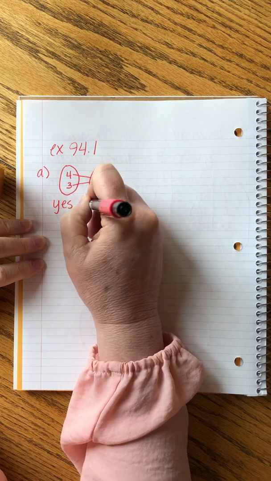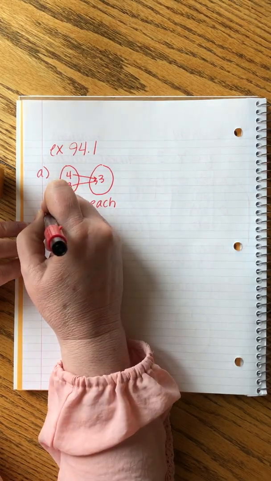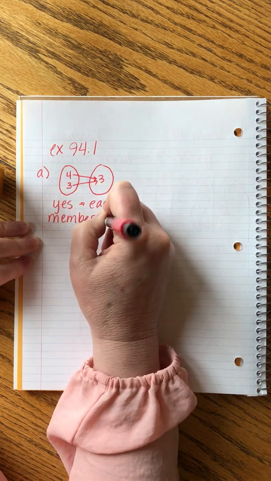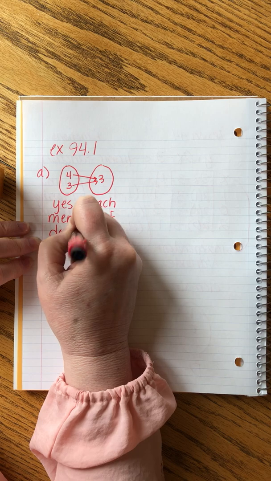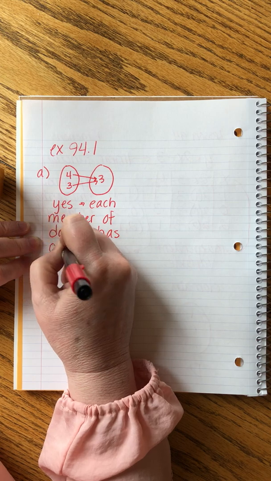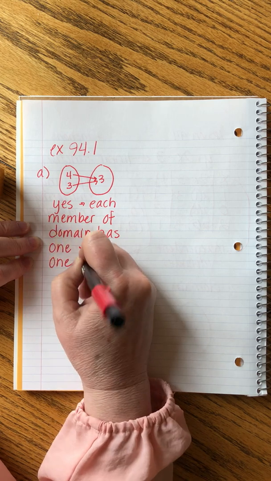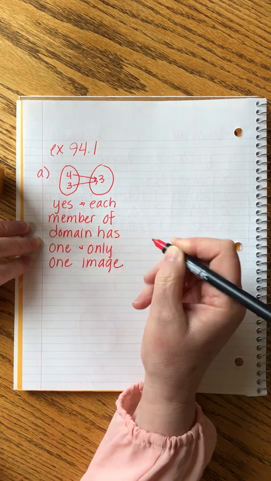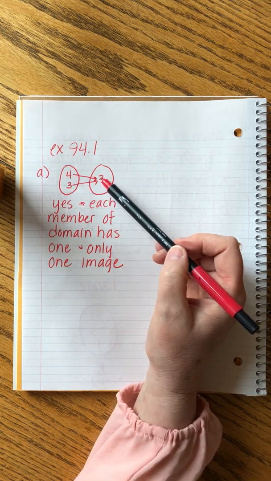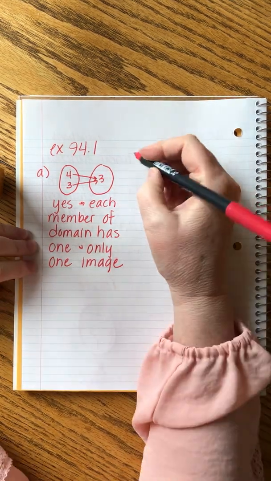Because each member of the domain, I'm going to say, this is a function because each member of the domain has one and only one image. It's a function. Let's look at another one.